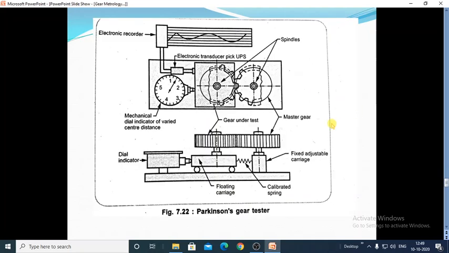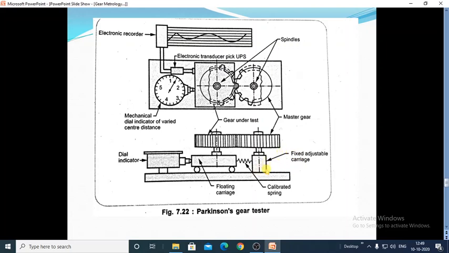Now let us see the gear rolling tester. In this method, first a master gear or standard gear is mounted on a fixed vertical spindle. Before that, let us see the different components. This is the top view, and this is the front view. On the bottom is the table, and on that the fixed adjustable carriage is there.